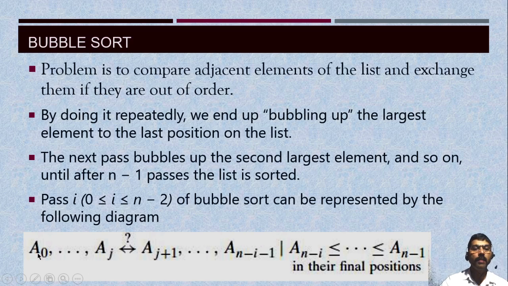Here it compares each adjacent element, and if that element is larger, it is pushed to the right side. When all the elements push the largest element to the right side, the largest element is stored at the end. That is indicated by this diagram.